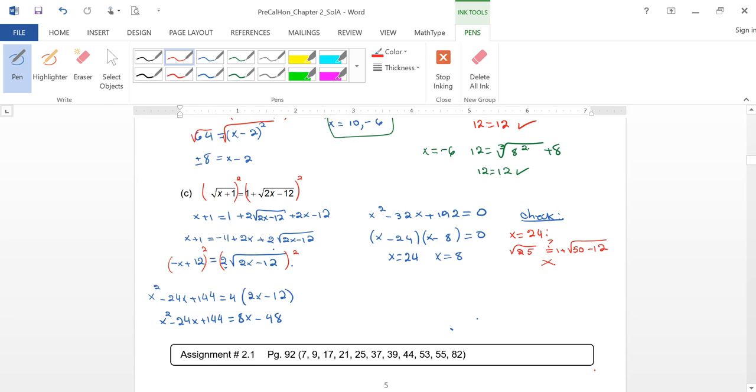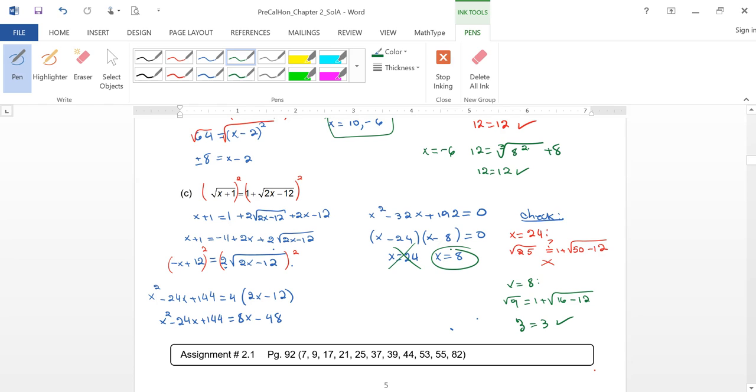And here, when x equals 8, we have the square root of 9 on one side. 1 plus the square root of 2 times 8 is 16, minus 12 is the square root of 4. Plus 1 is 3. So yes, you get 3 equals 3. So that works. That means x equals 24 is an extraneous solution. X equals 8 is the only solution.